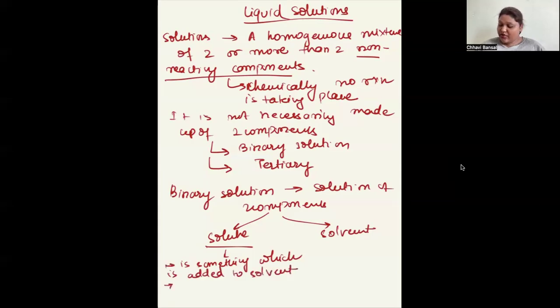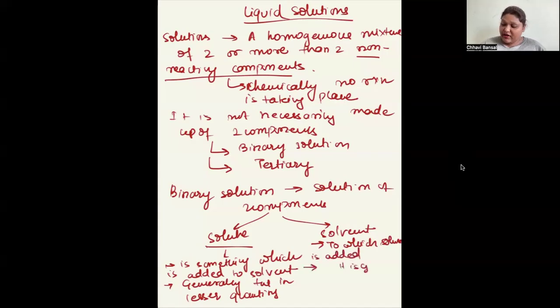It is also generally present in a lesser quantity, correct? Whereas solvent is something to which solute is added, right? And it is generally present in a higher quantity, more quantity, correct? This is what we know about solute and solvent.